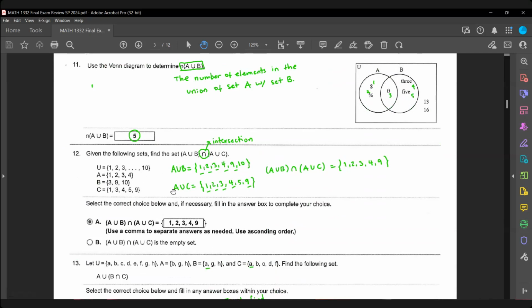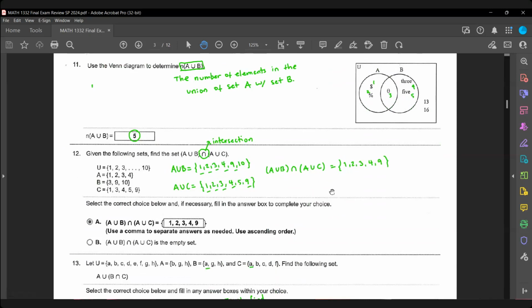Notice that for this example, I've found the union of A with B, and I've also found the union of A with C. After finding those unions, I then found the intersection of these two sets. And again, the intersection is finding what they have in common. Notice that I've done that by saying 1 and 1, 2 and 2, 3 and 3, 4 and 4, 9 and 9.